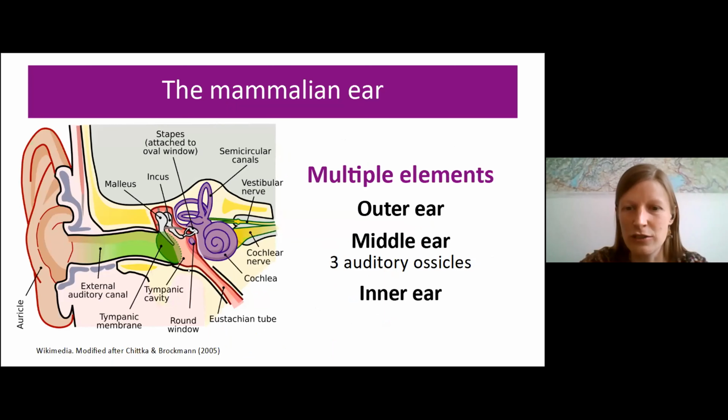Then it's separated from the middle ear by the eardrum, and the middle ear is a cavity with 3 auditory ossicles. Then the inner ear, where sounds are detected by the cochlea, and head movements are detected by the semicircular canals.